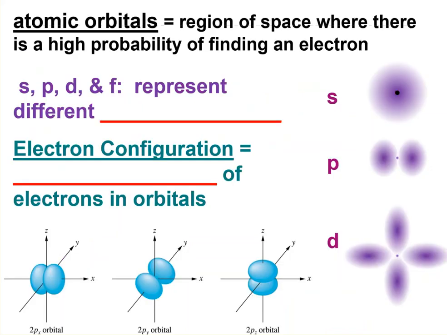So from these equations, we found that there are what we call orbitals, which are regions in space where the electron has a high probability of being. There are different types of orbitals, and we use these letters to represent the different types. So the types are different shapes.